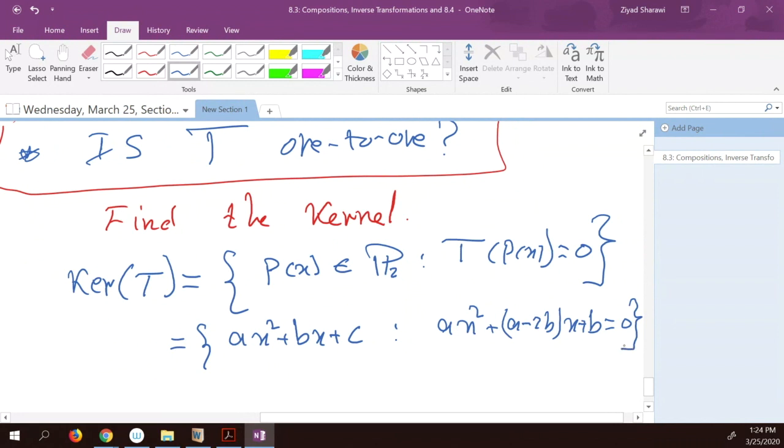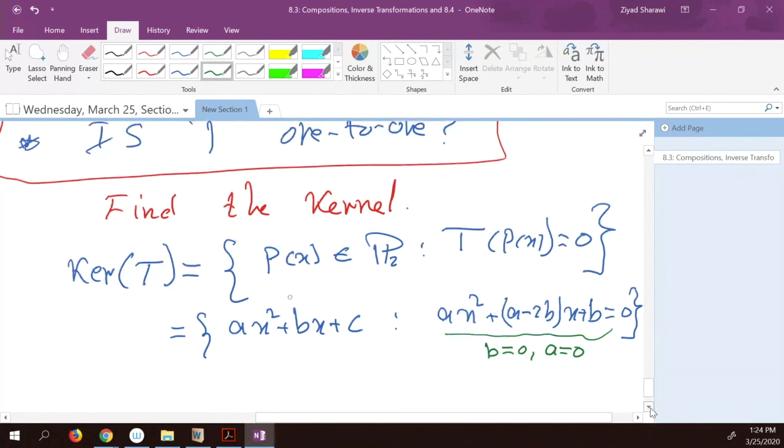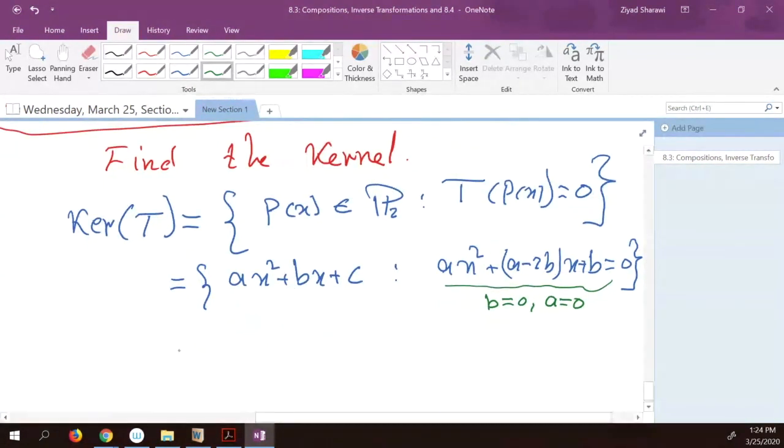Now, what is this? You need to understand this. From here, b must be 0, a must be 0. So a is 0, b is 0. What about c? c is free. c can be anything.